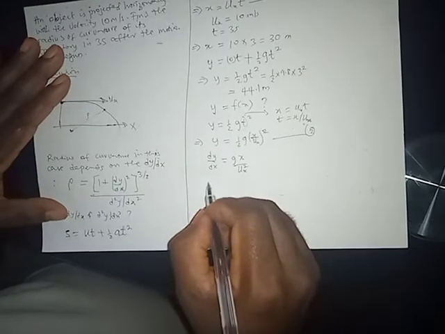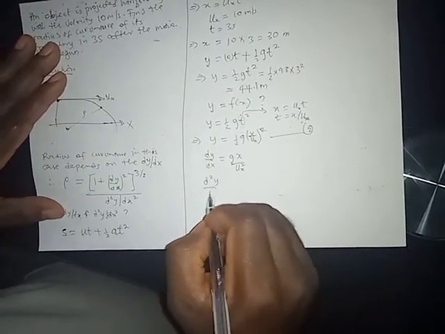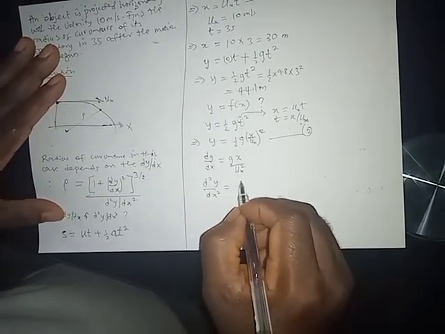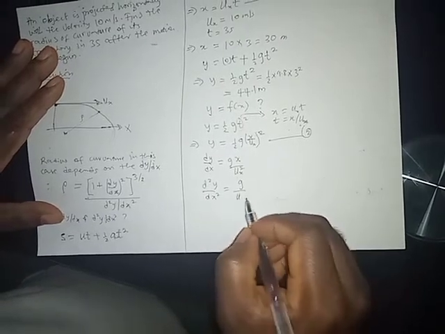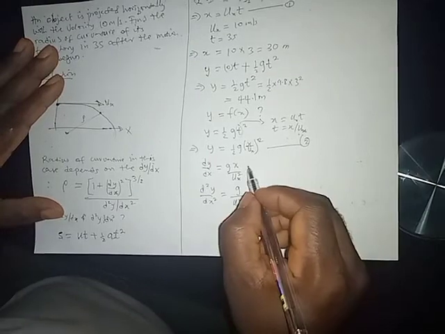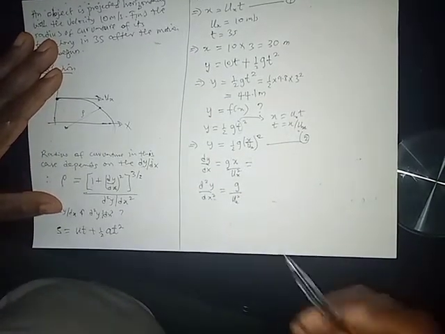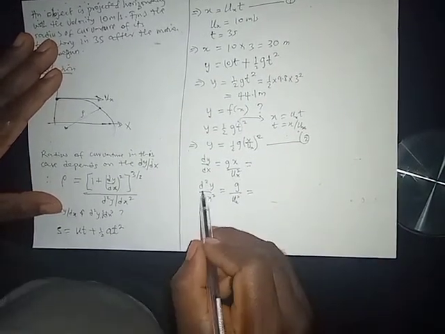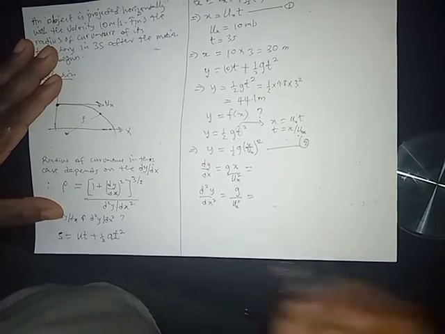And we can differentiate it again to get d squared y by dx squared equals g by ux squared. From here we find dy/dx, and from here we find d squared y by dx squared.